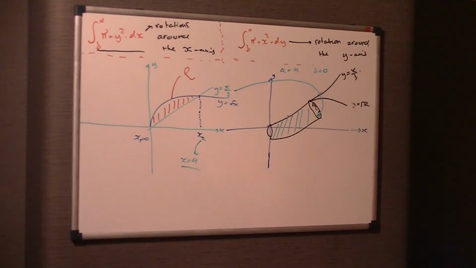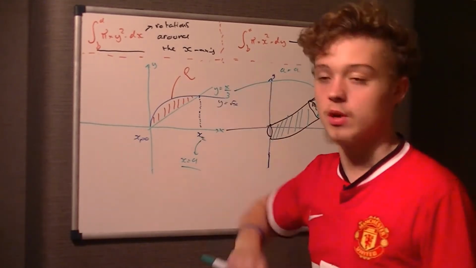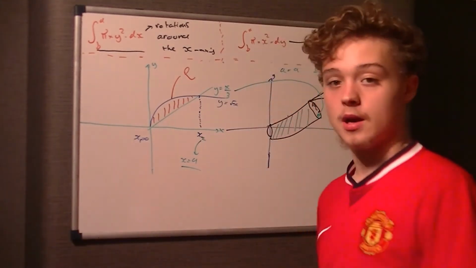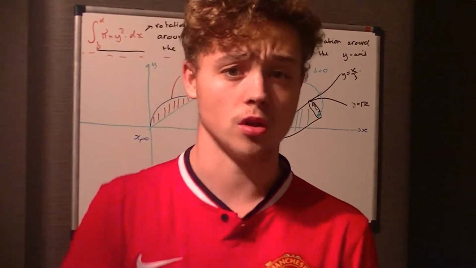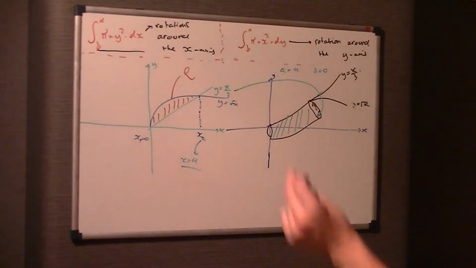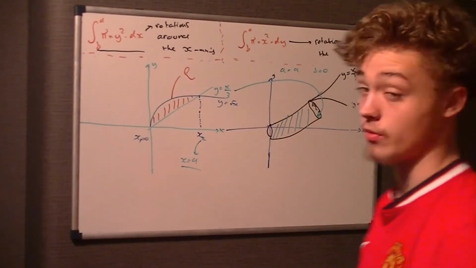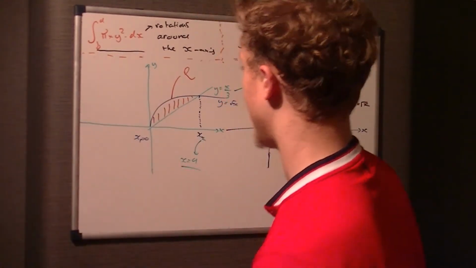So the best way of thinking, if that doesn't make any sense, is we've rotated y equals root x in a revolution around the x-axis 360 degrees, and we've rotated y equals x over 3 around the same way.